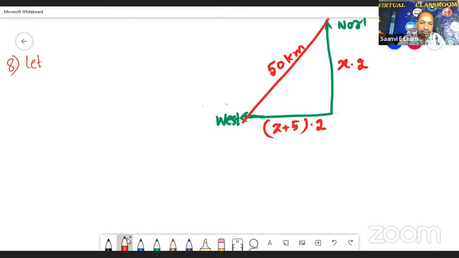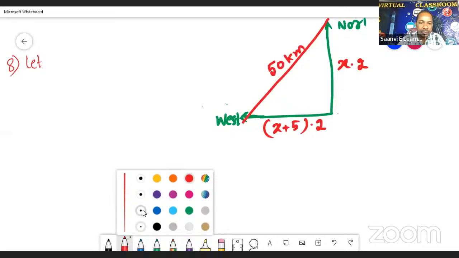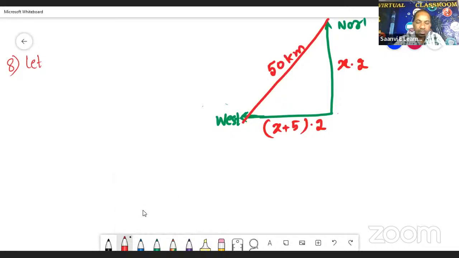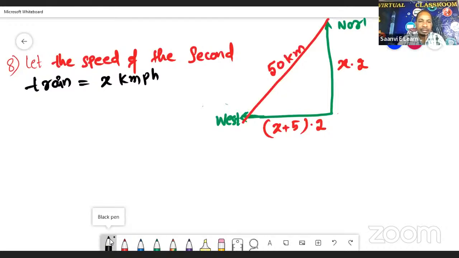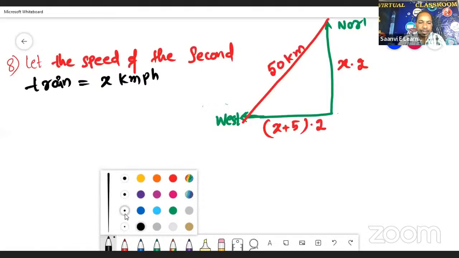Let the speed of the second train be x kmph. Kmph is nothing but kilometer per hour.